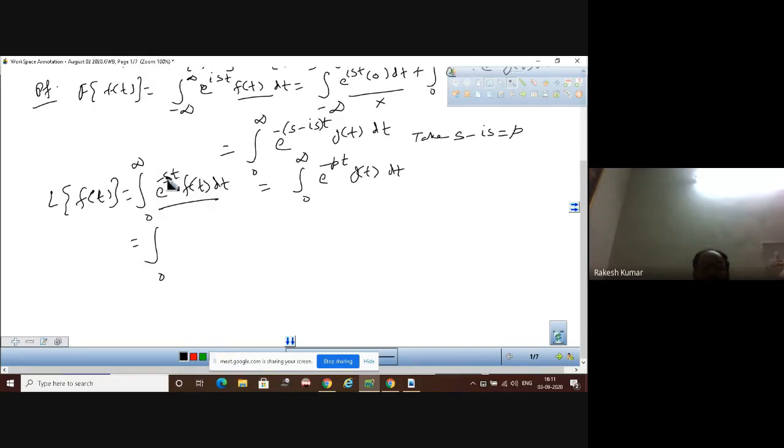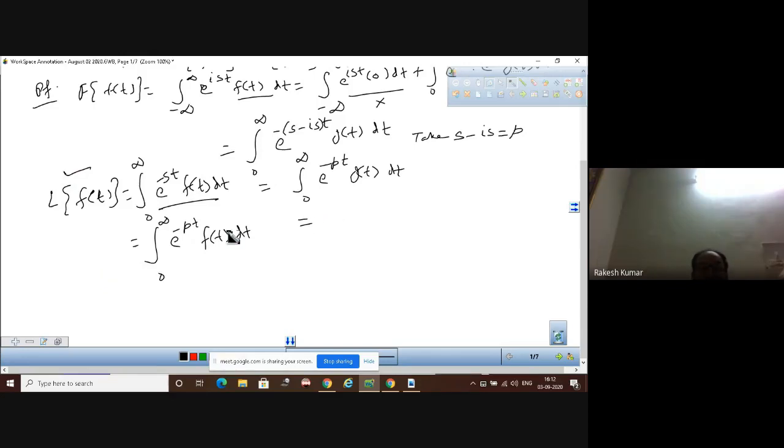This is just a notation. So if in place of s we take p, then it doesn't make any difference in the value of the integral, because we are to integrate with respect to t and substitute the limit. So there will be no difference in the values of these two integrals, and obviously it will also be a Laplace of f of t.